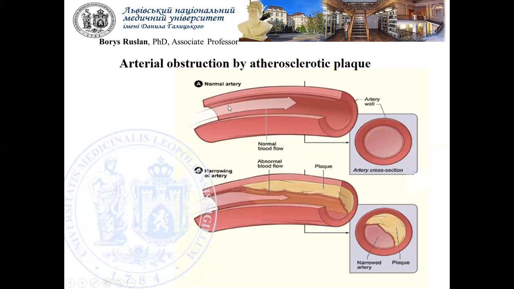So remember, when the internal wall of the vessel has no problem, not sick, no plaque is fixed here. Otherwise, the plaque is fixed inside the vessel and partly closes the lumen, and we have partial narrowing of the vessel.